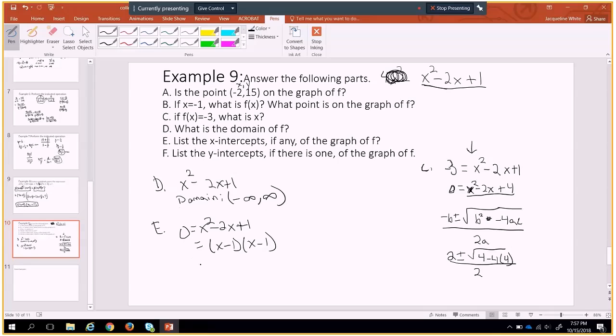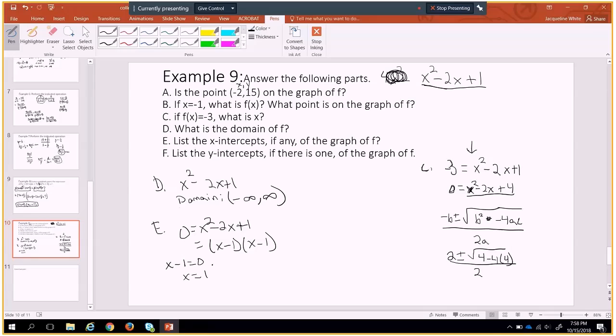All right, we set that equal to 0, so x minus 1 is equal to 0. Solve for x, so x is going to be equal to 1. And that is our x-intercept.